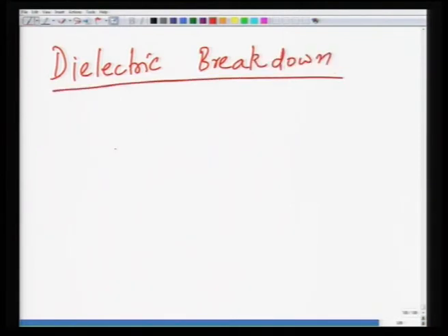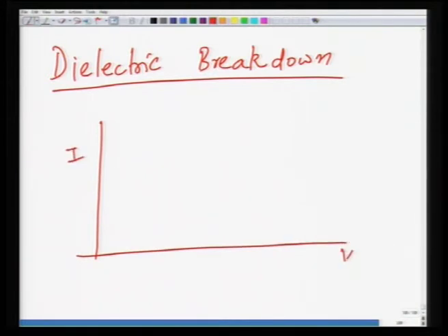When you plot I versus V or I versus E, a very small amount of current flows up to a critical field, and when you reach the critical field there is a sudden jump in the current, which is nothing but your failure or breakdown.